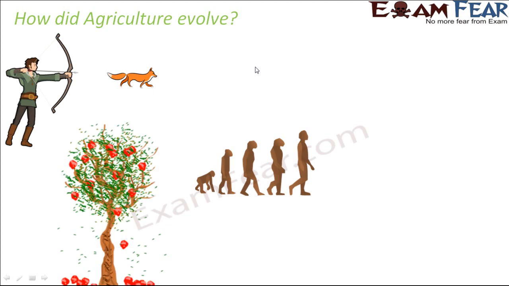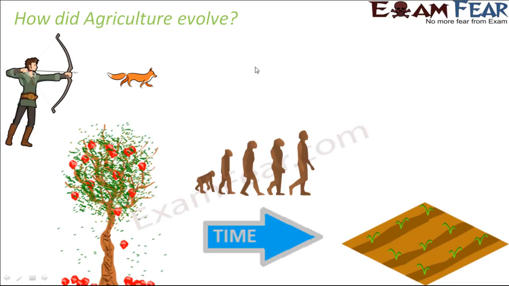Another way was eating fruits, raw fruits. These were some of the ways through which they obtained food for themselves, and that's how they survived. But with time, they learned to cultivate land and produce crops, and that is what we do today. Over a period of time, they gradually learned better ways of growing crops.